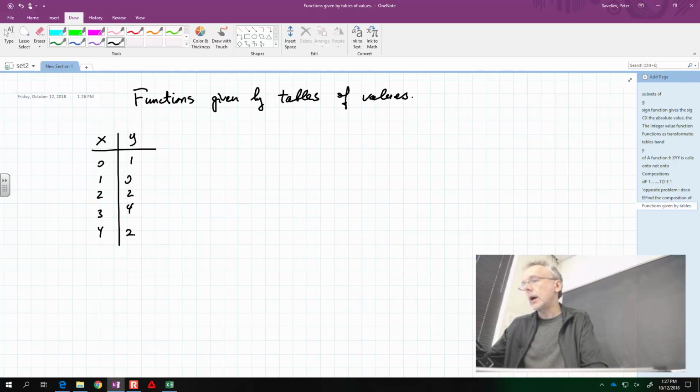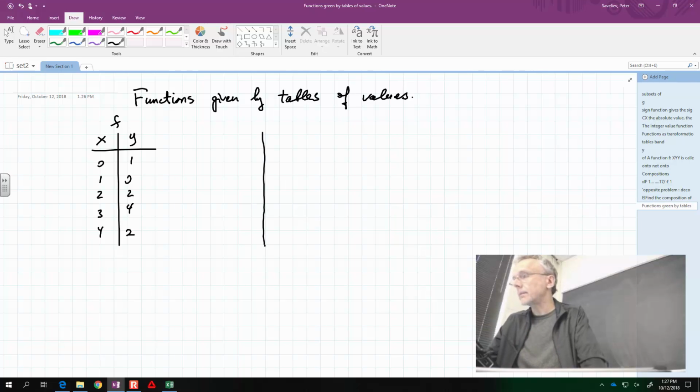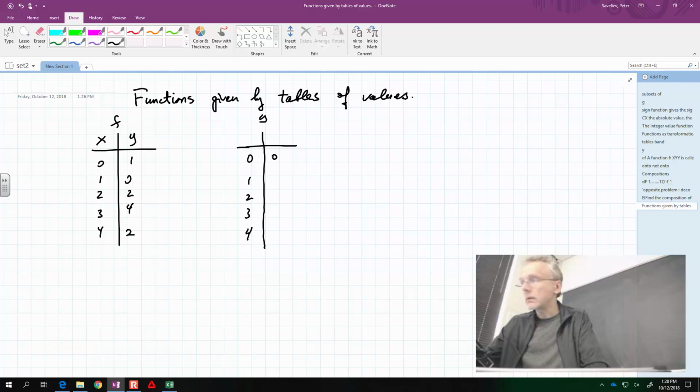The first function, let's say f. So x input, y output. Now, so far unrelated. The second function, say g. Let me give the values first: 0, 1, 2, 3, 4 and 0, 3, 5, 1, 2.